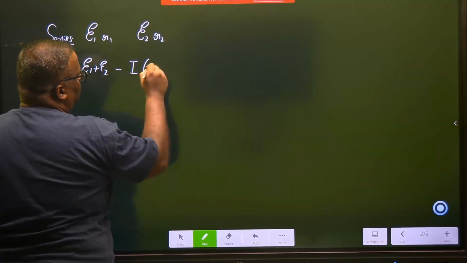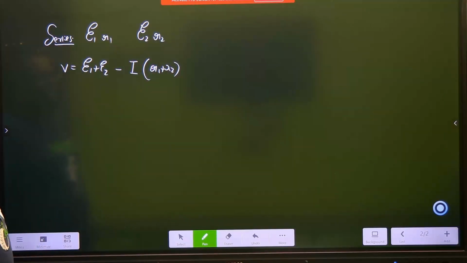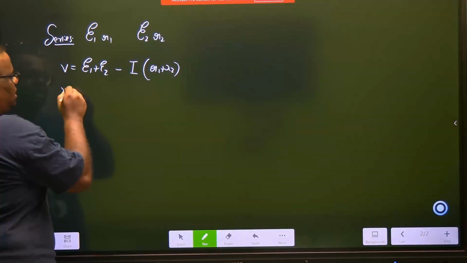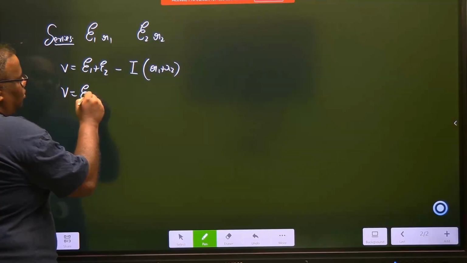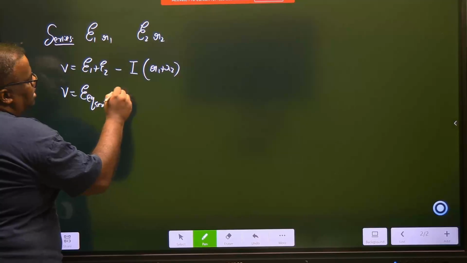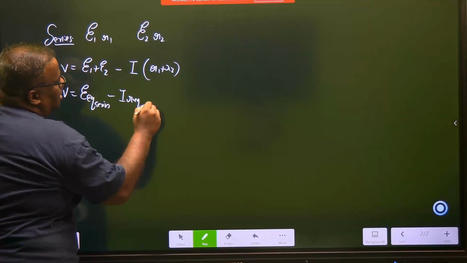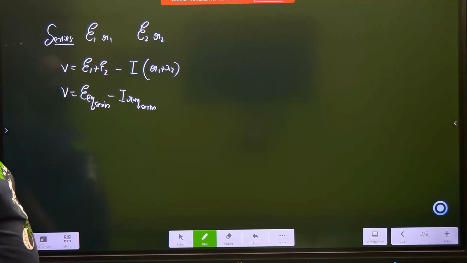The drop will be R1 plus R2 because this is a series connection. And here we write it as V is equal to E equivalent, this is for series, minus I R equivalent, this is for series, in a better way, right?